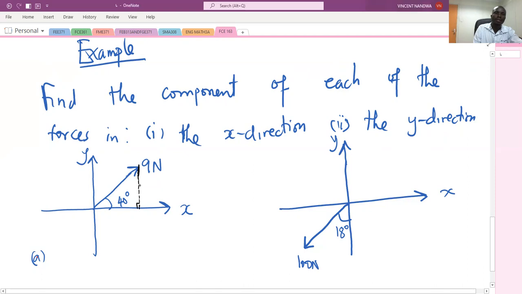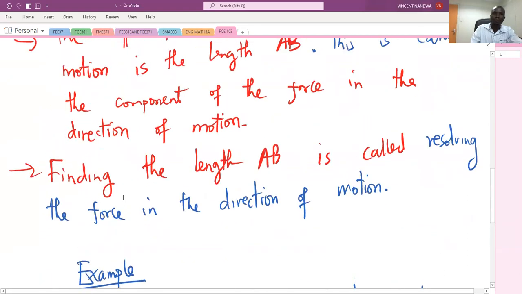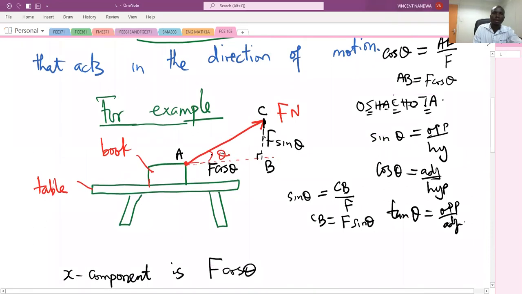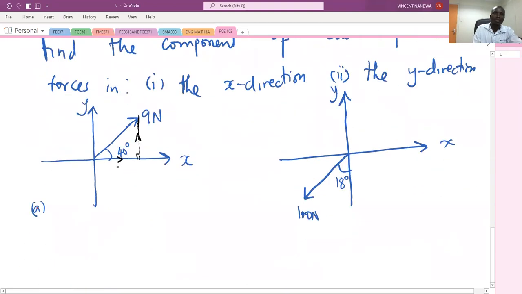And then this is the vertical, along the y-axis, and this is along the x-axis. And from what we have described in this example, along the x-axis we have F cos theta. Along the y-axis, we have F sin theta. So therefore, along the x-axis here, we have 9 cosine of 40 degrees. Along the y-axis, we have 9 sine 40 degrees, because the value of F for the force here is 9.